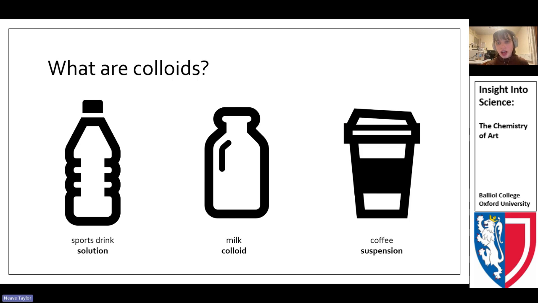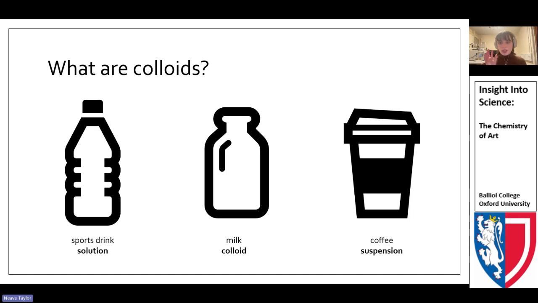You might have noticed earlier that I used the phrase suspension. The pigment is suspended in your medium. There is a very particular reason why I said suspended and not dissolved. This is just a concept that, if you end up coming to Oxford and doing chemistry, you'll learn about colloidal suspensions in quite a bit of detail.